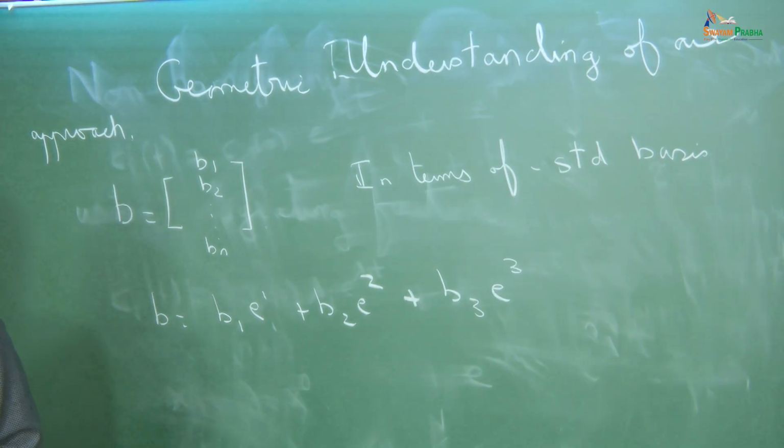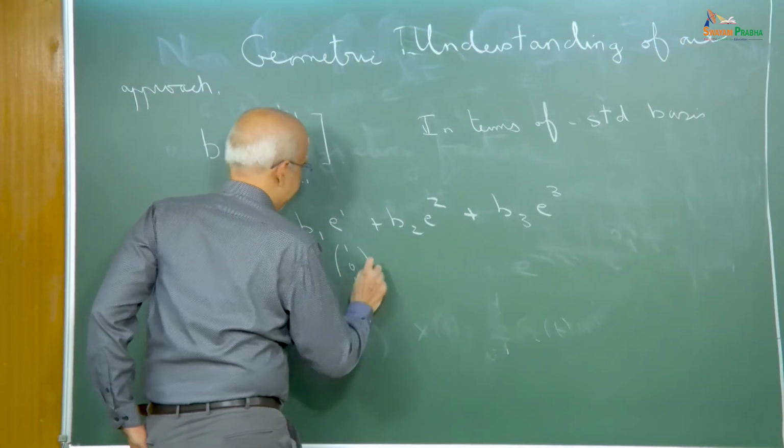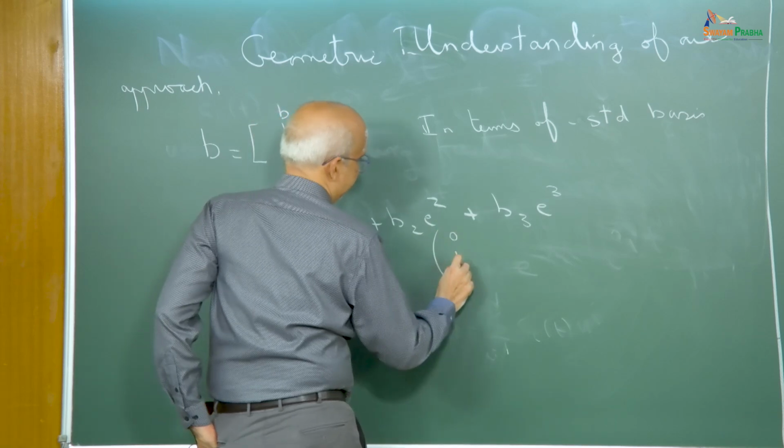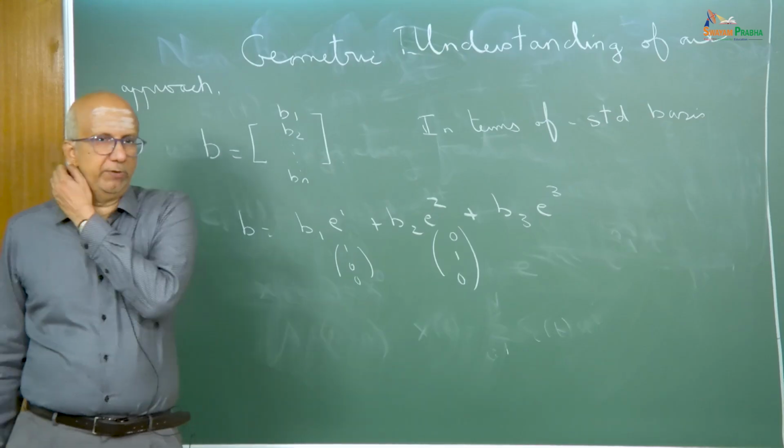E1 is 1 0 0, E2 is 0 1 0. Just for your reference, I am writing this down.